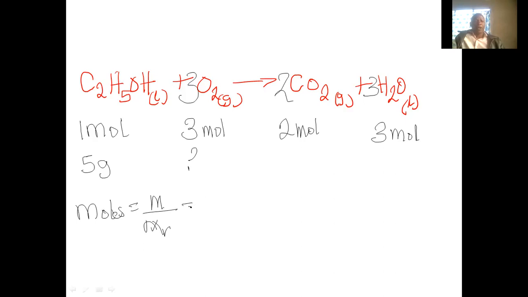In our case, we want to find the mass of ethanol divided by the molar mass of ethanol.